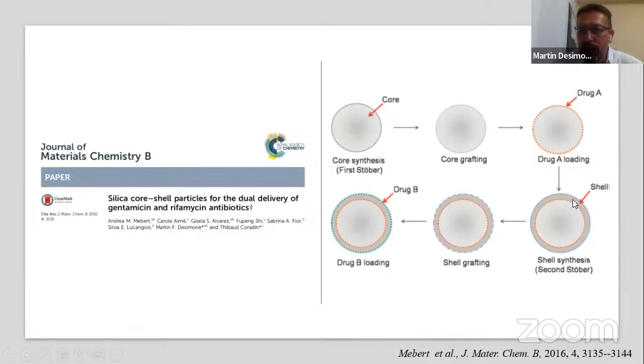Then we can make a shell of the material, in this case silica, and make a second modification of the surface of these core shell nanoparticles. And in this case, incorporate the second drug, the second antibiotic. So we can have one particle with the ability to transport two different antibiotics.